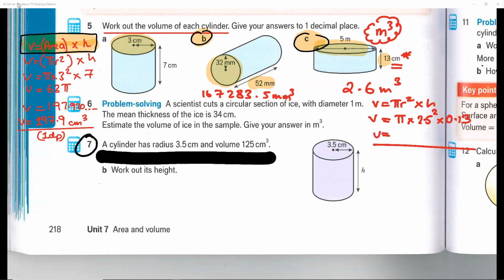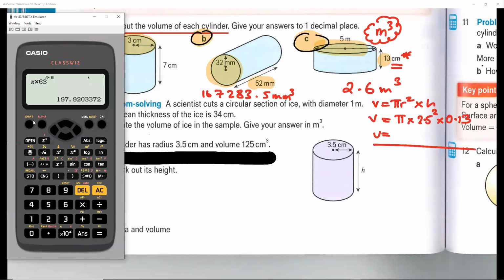Then you pop all of that into the calculator. So 2.55, we wanted 1 decimal place, so that'll be 2.6 meters cubed to one decimal place.